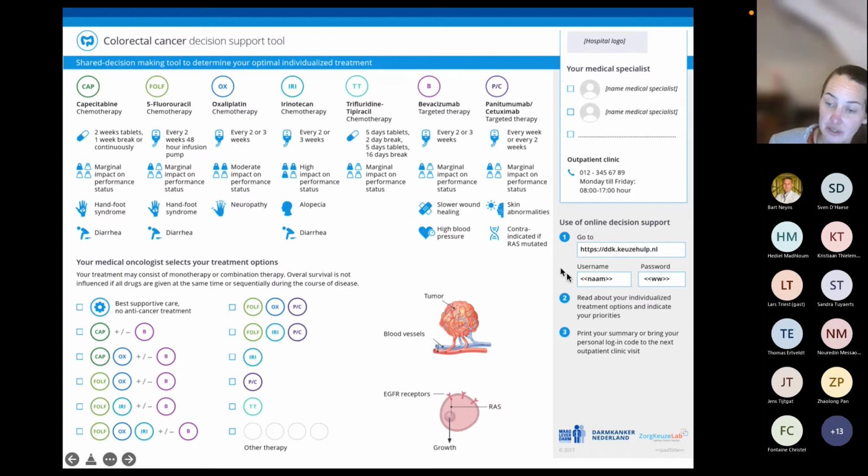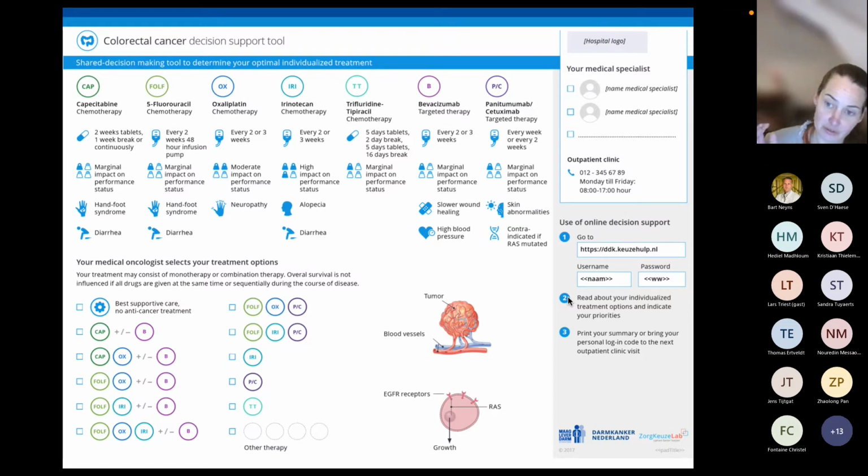Then the patient can go to the website with a unique login, and they can compare the different treatment options based on type of schedule, type of toxicity, but also expected efficacy. And the program also asks a lot of questions to the patients to help them decide what is important for them.